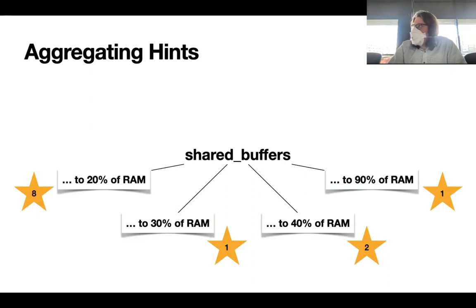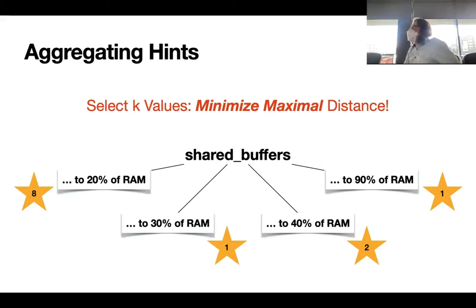So those trial runs can try out multiple parameter settings, but not too many either, because that costs too much time. So typically, I try to select a bounded number of k values among the recommendations. And I try to select them in a way that we optimally cover the recommendations considering their weights.